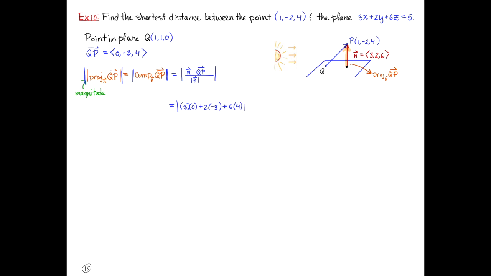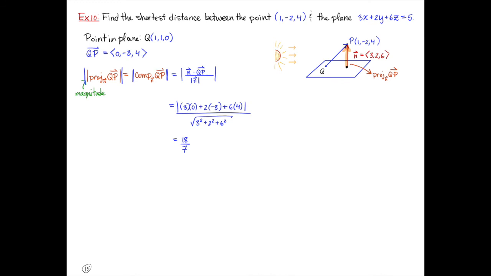And that's divided by the magnitude of the normal vector, so the square root of 3 squared plus 2 squared plus 6 squared. And so in the numerator, we have 0 plus a negative 6 plus 24, which is positive 18. And then divided by the square root of 9 plus 4 is 13, plus 36 is 49, and the square root of 49 is 7.